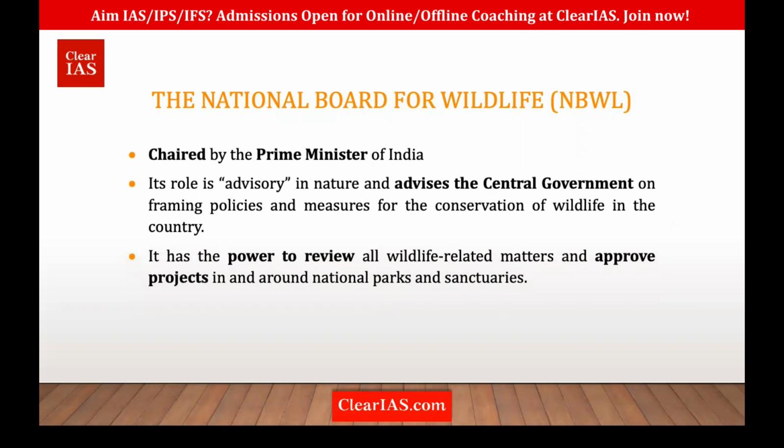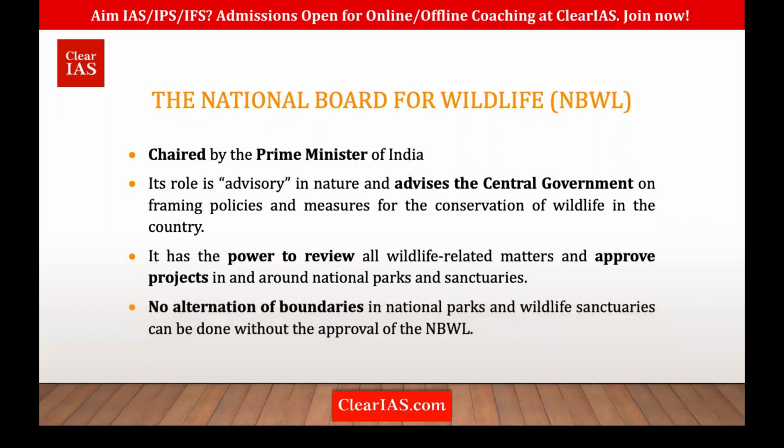And whenever the government is going to do a project in and around the wildlife sanctuary or the national parks, who gives the approval? It is the National Board for Wildlife. Only if you have an approval from the National Board for Wildlife can you go ahead with any project in the wildlife sanctuaries and national parks.